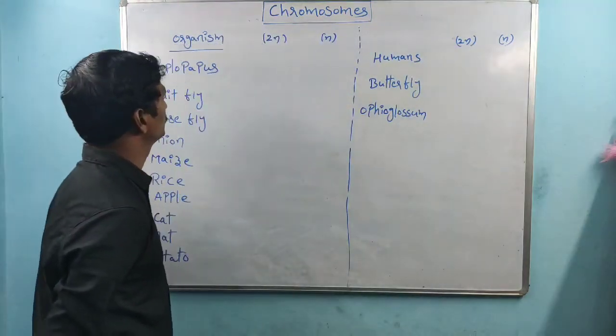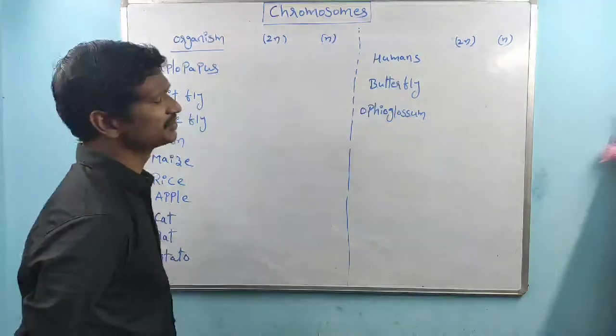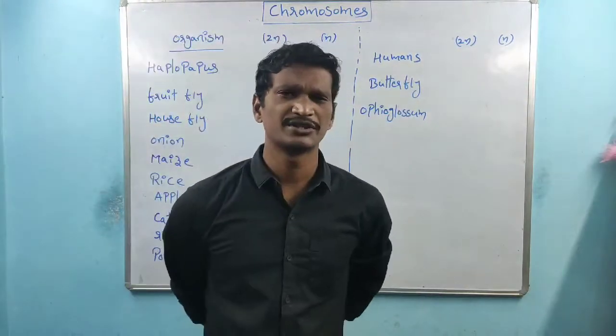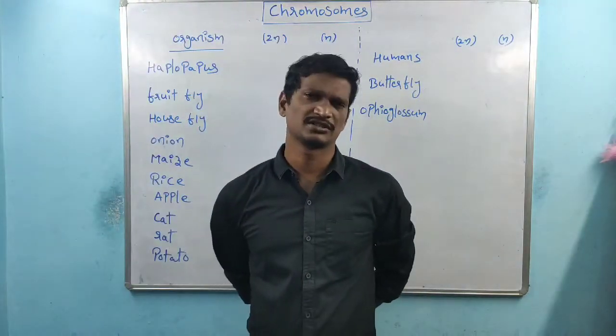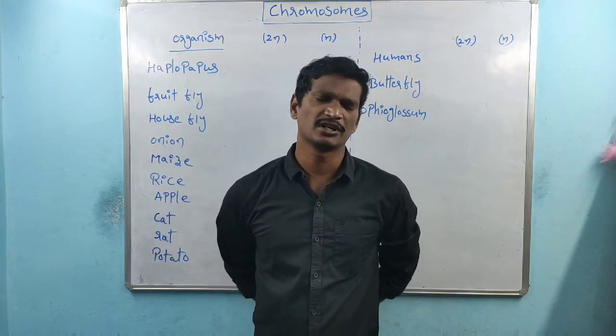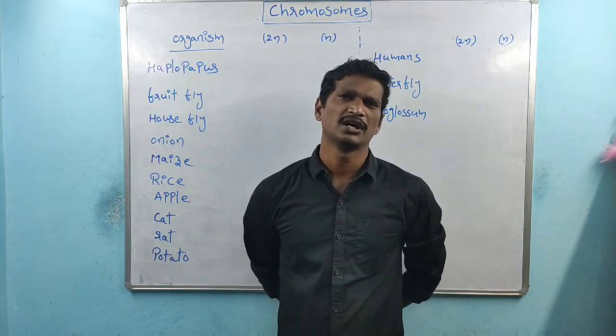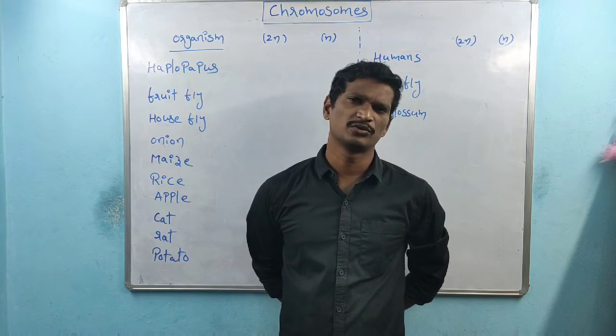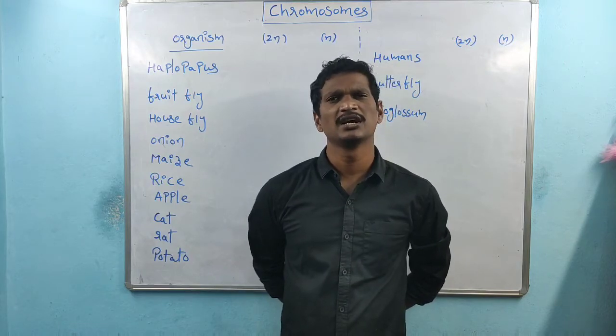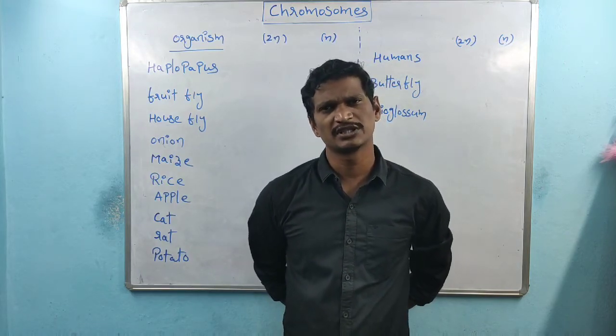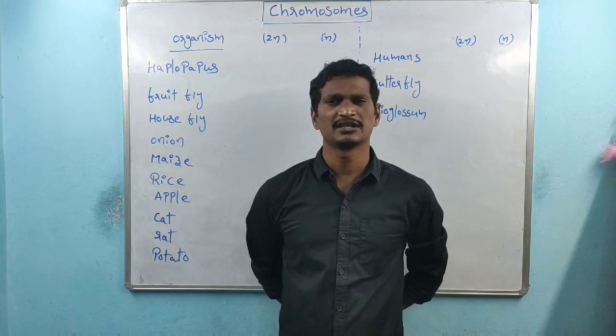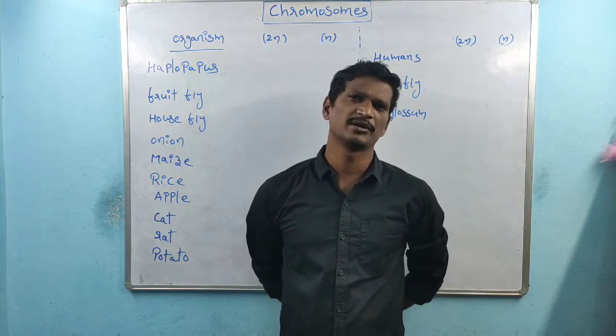So organisms exist in two states, generally diploid state cells and haploid state cells. Diploid means 2n set of chromosomes are present. Haploid means half set of chromosomes are present. Generally the haploid set of chromosomes is seen in gametes, either male gametes or female gametes.